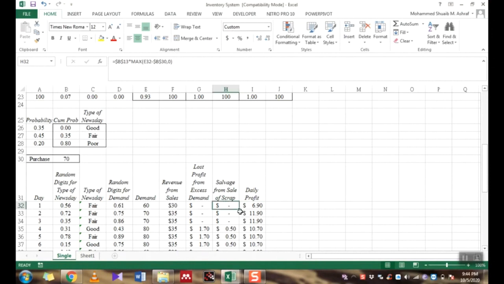I'm sorry, let's apply this again. There's a mistake. This is because you have to find out the lost profit. This minus this value.